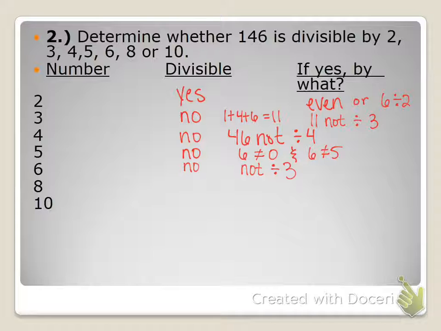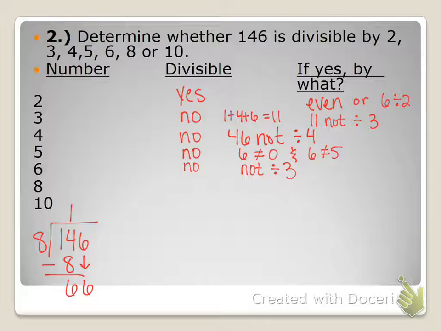Okay, so this one isn't super helpful this time because there are only 3 digits there. So if we were to try to do our long division on it, how many times does 8 go into 14? Once. Bring down the 8, subtract 14 minus 8 is 6. Drop your 6.